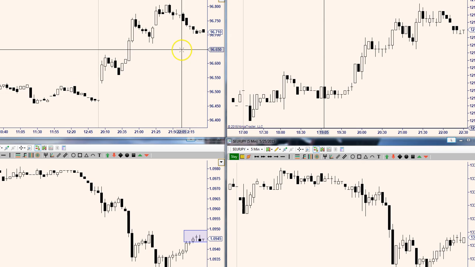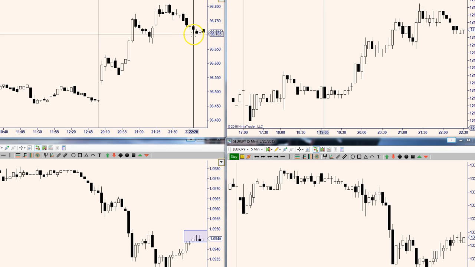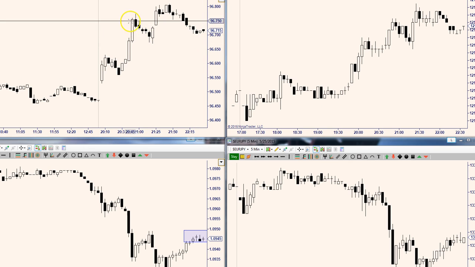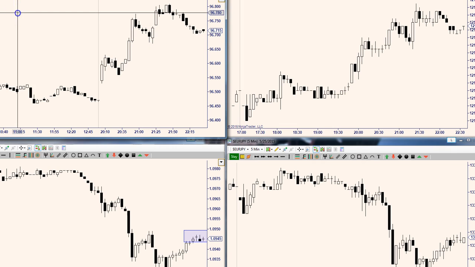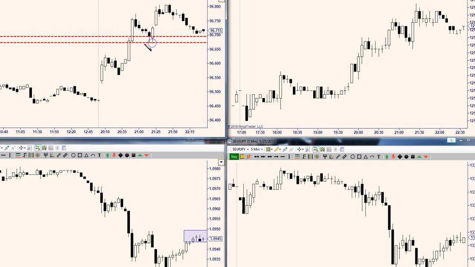So for me to short the euro, I need this DX to be moving to the upside because it's 50% euro dollar. So it looks like we may have found a little bit of support here in this area, near-term support that we had right here. I'll go ahead and mark that on the chart, that area right there.